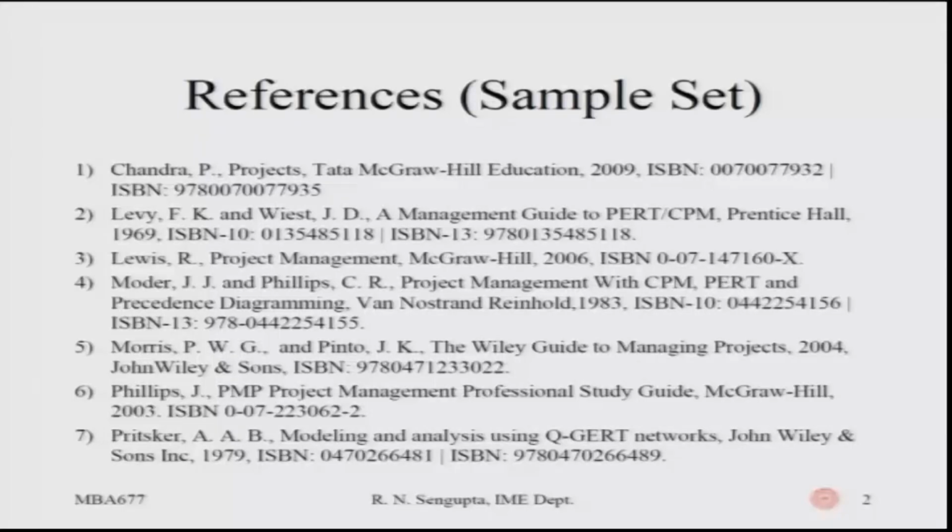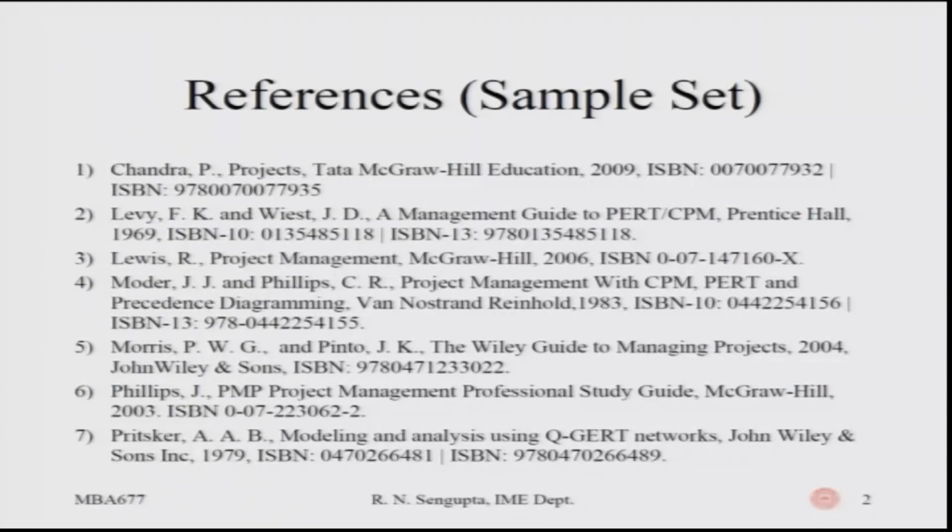The third, fifth and the sixth books are general in nature. If you see the slides, the third one is the Lewis one, the fifth one is the Morris, and the sixth one is the Philip one. I want to talk to you about the book by Modern and Philip, which is a little bit old like Levy and Weist, but it has a very in-depth analysis from the mathematical point of view of project management.